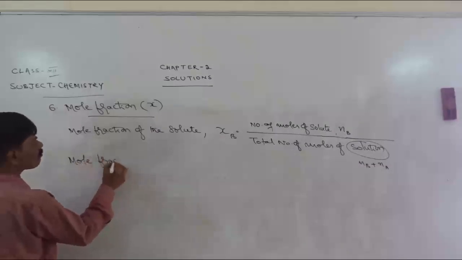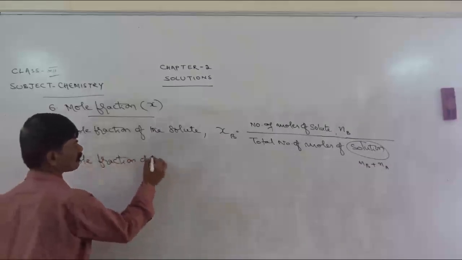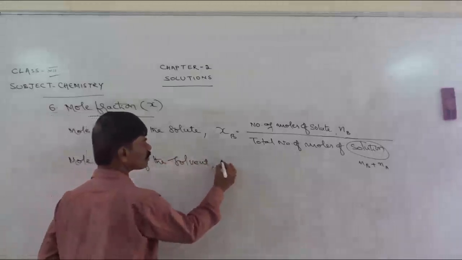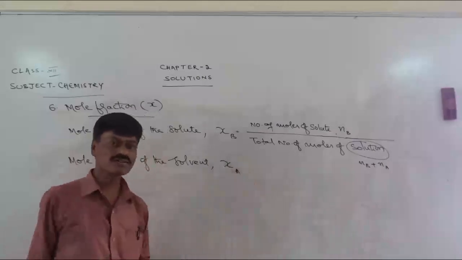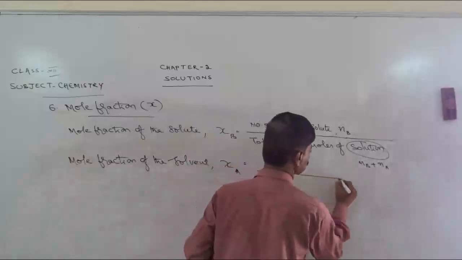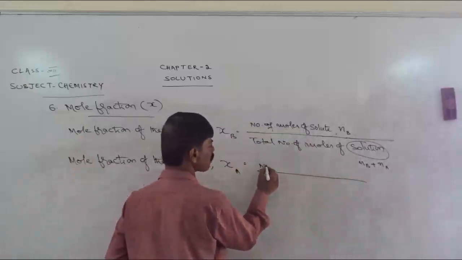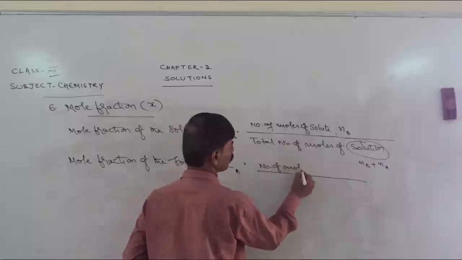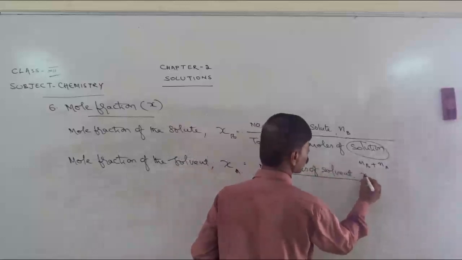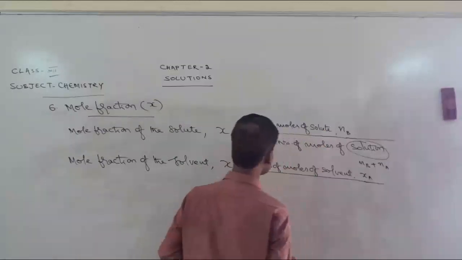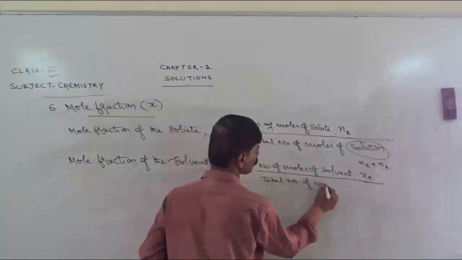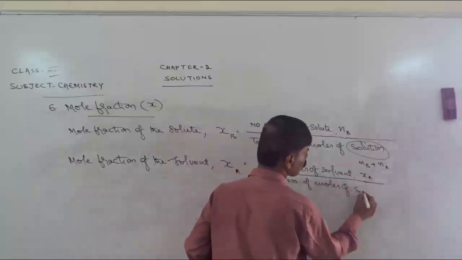Mole fraction of the given solvent, that is chi A for solvent, is equal to number of moles of solvent, that is nA, divided by total number of moles of solution.